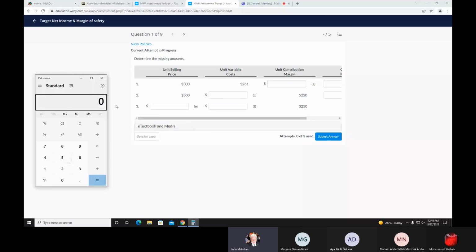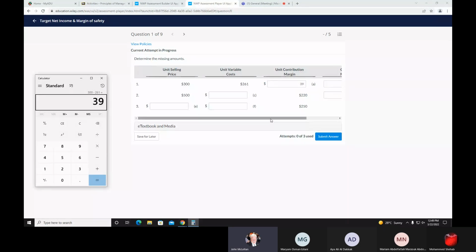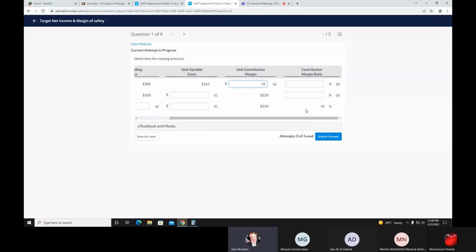So what's the unit contribution margin here? Selling price minus variable cost. 39. Now take it as a ratio. 39 as a percentage of selling price. 13%. Does everybody understand that?